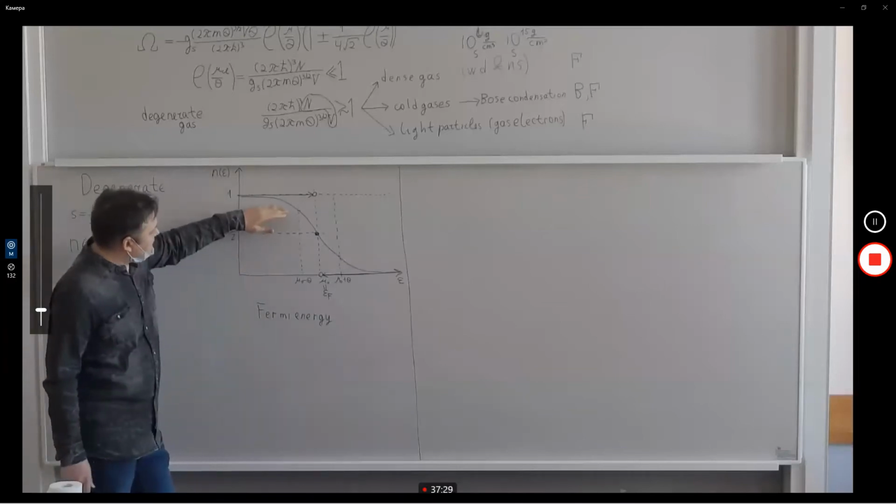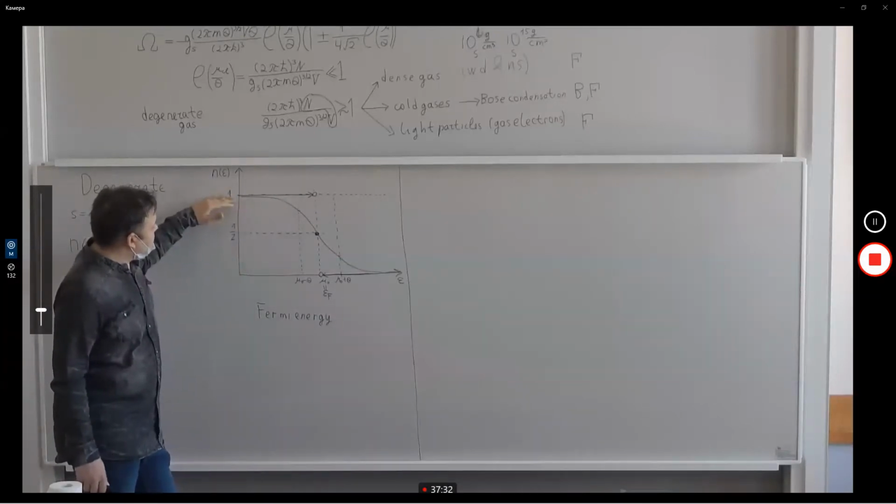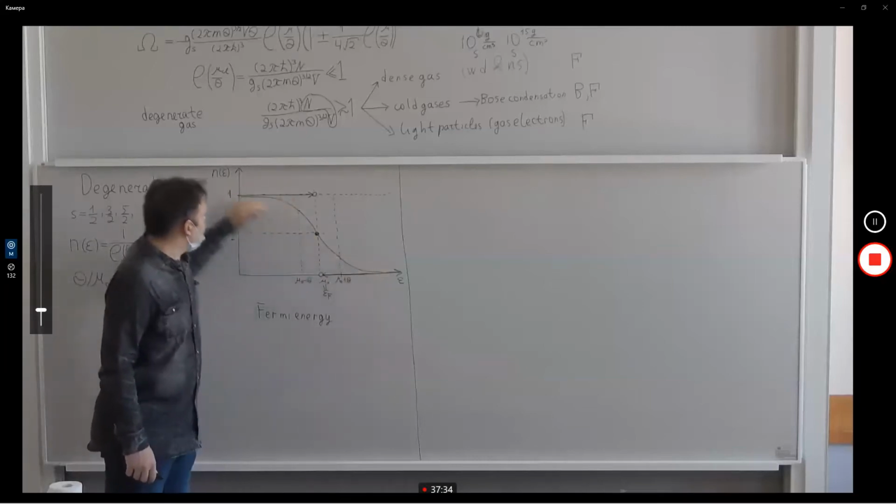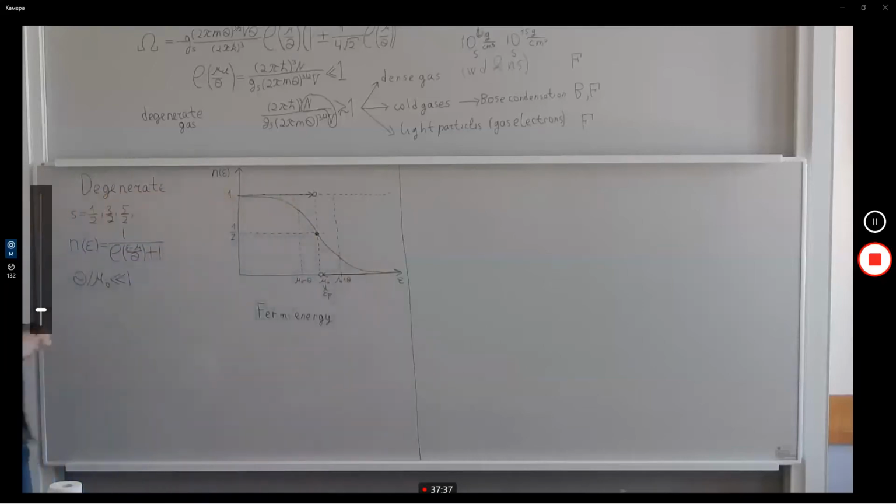We can see that this ladder shape of the curve will remain valid until theta divided by mu sub 0 equals 1, maybe less than or equal to 1. And the temperature theta equals mu sub 0.